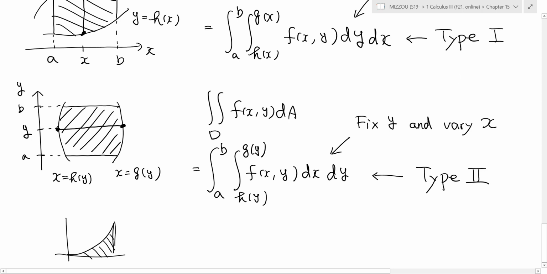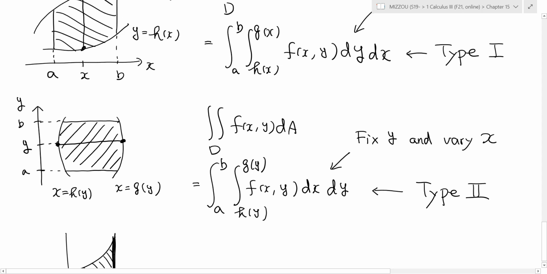You may view it as type 2 by considering this curve here as this line here, the curve here as this curve, the bottom line here as the x-axis, and the top line as just a point here.